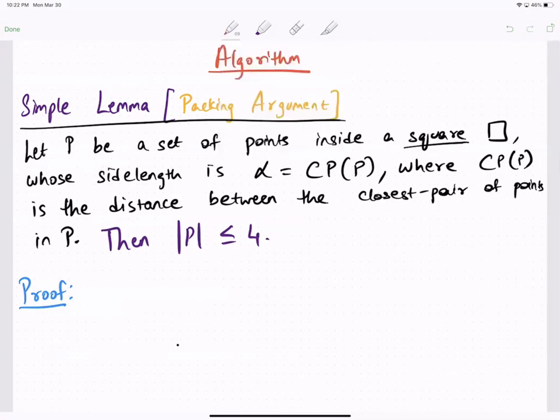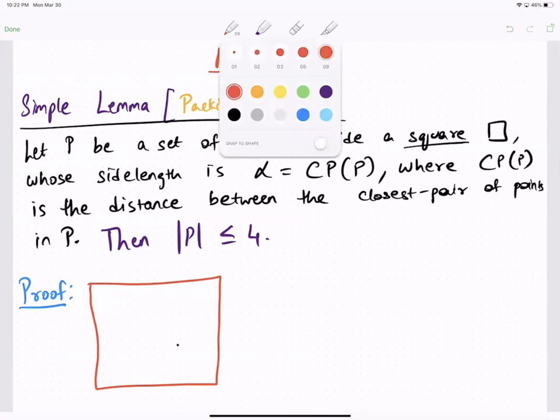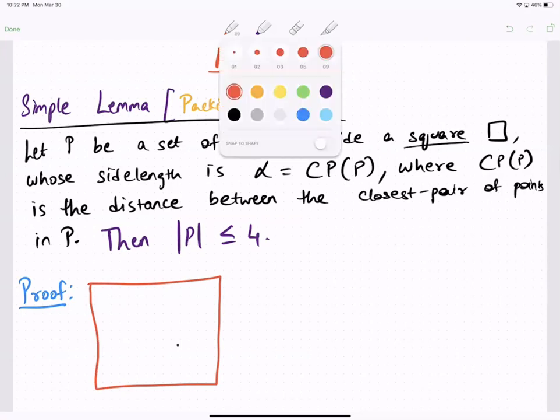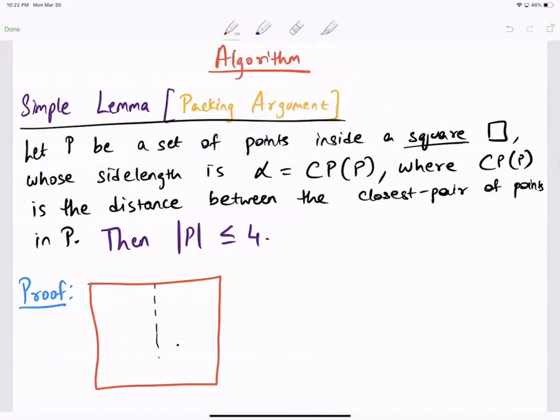Let's look at this square, and I'll partition it into 4 smaller squares of equal size. This had side alpha, and now each will have side alpha over 2. Like this, I have partitioned the square into 4 equal parts.